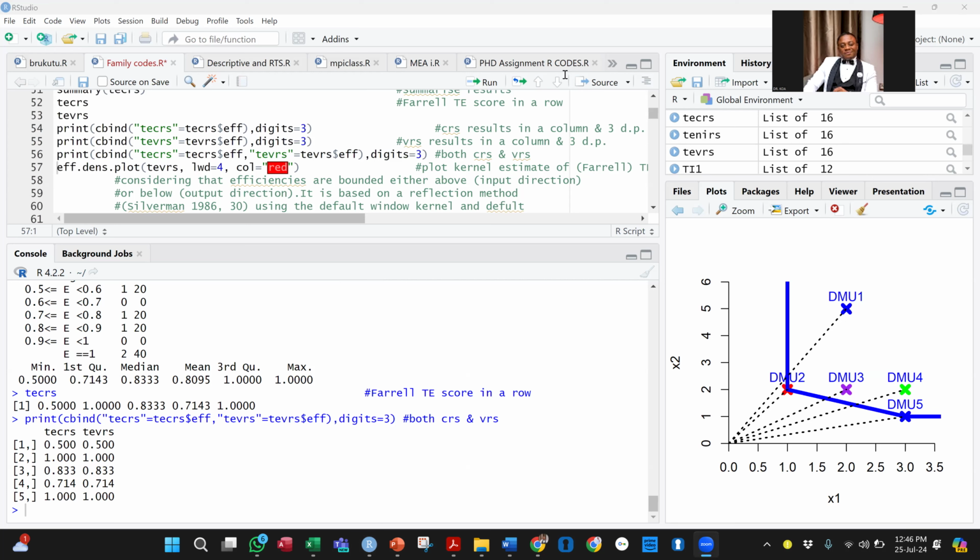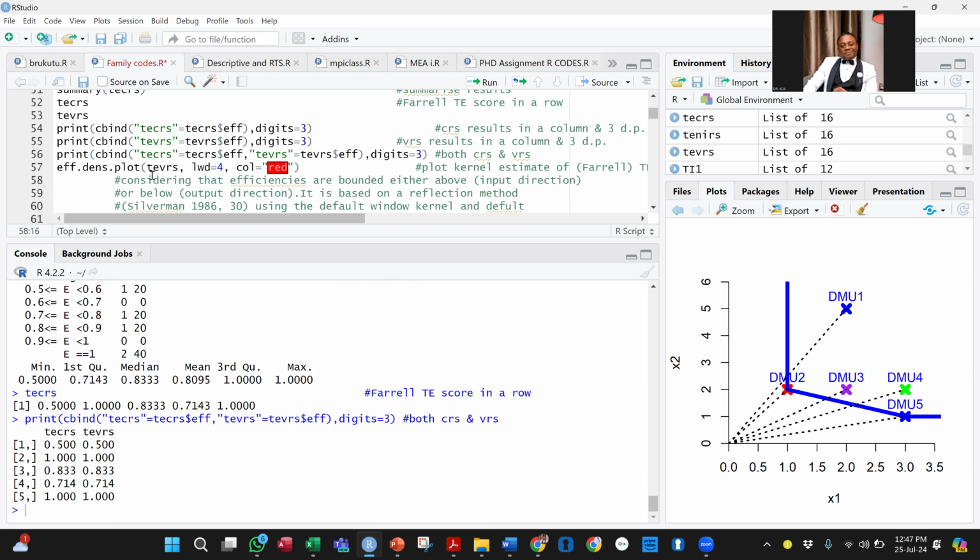Let me tell you what you will get. You are going to get something like what I am showing you here, where you have the TECRS, TEVRS. I can give you any name for that. But there's a difference between the two. Take note.